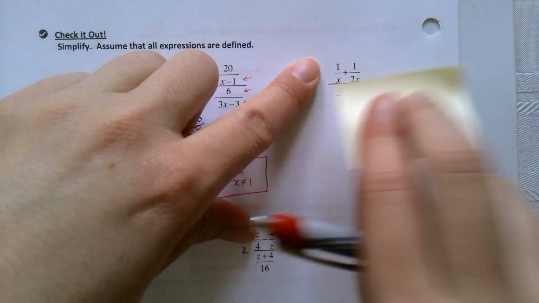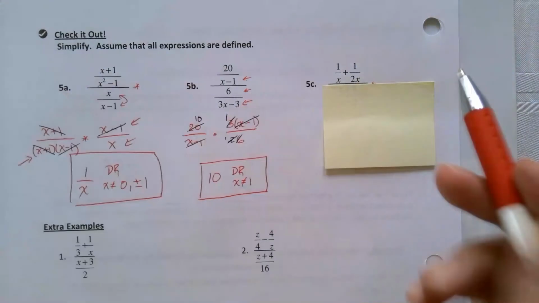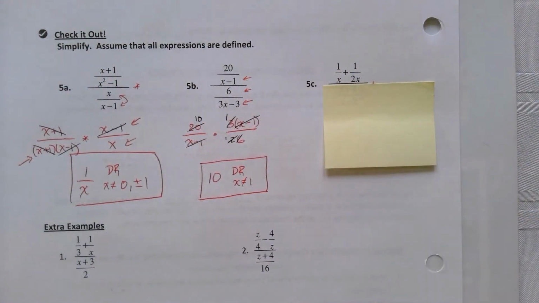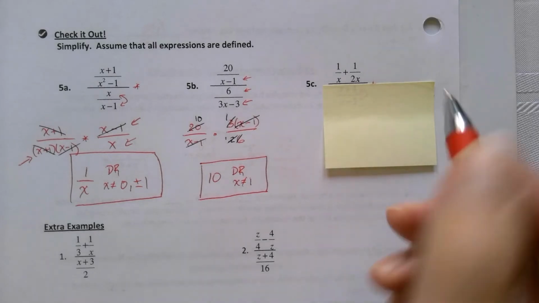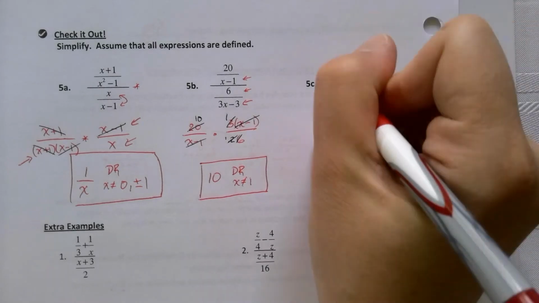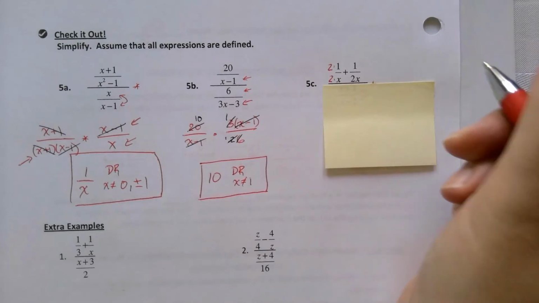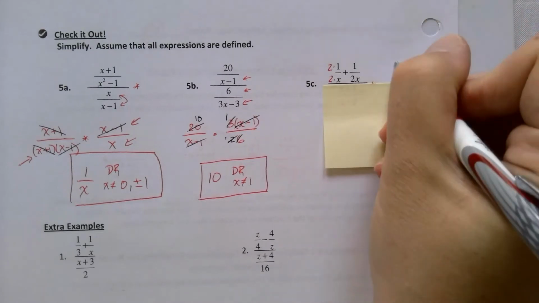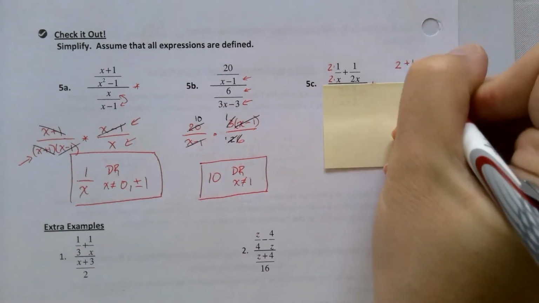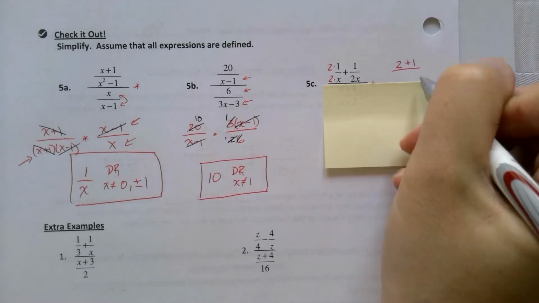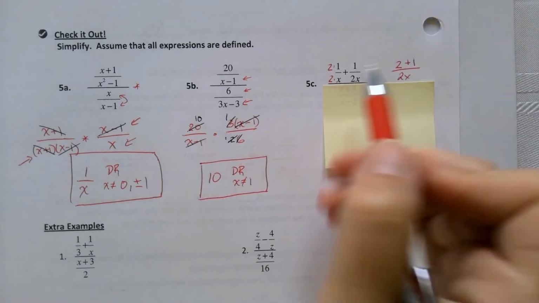And if I had just given you this, that would actually be a very simple addition and subtraction problem, okay? So if I can just focus on this, I need to give this a 2 and give this a 2. And so my numerator is now 2 plus 1. Well, that's easy, right? Over 2x. 2 plus 1.